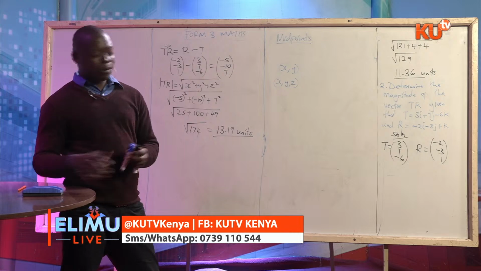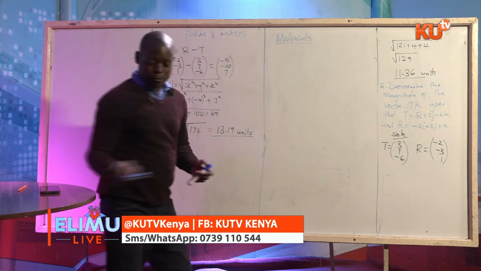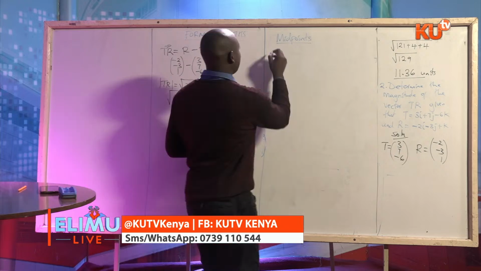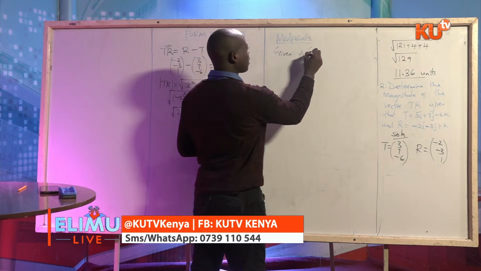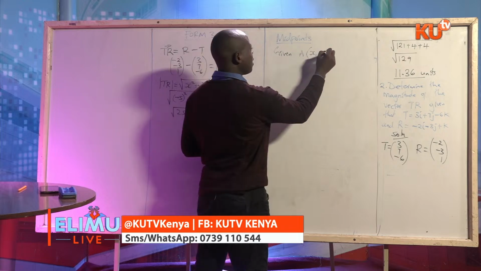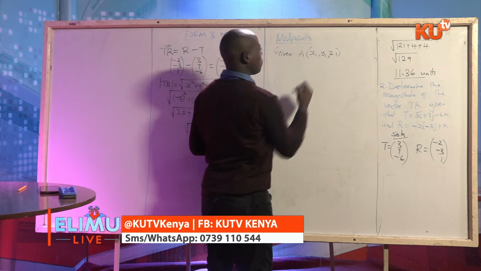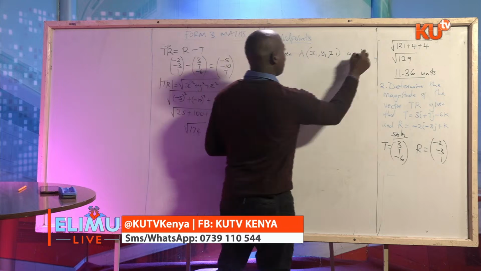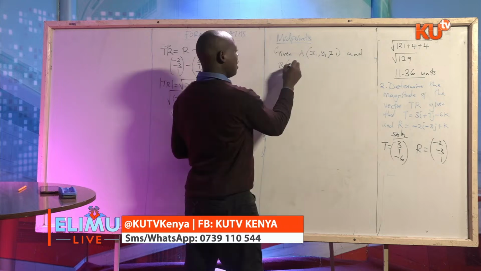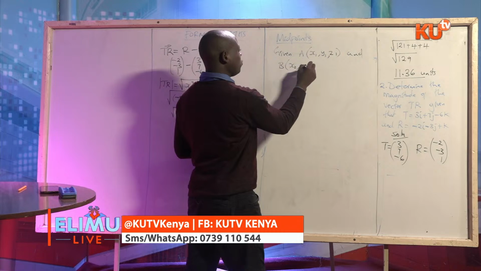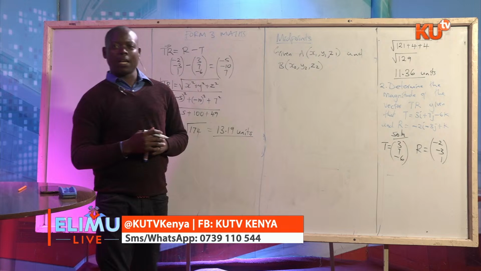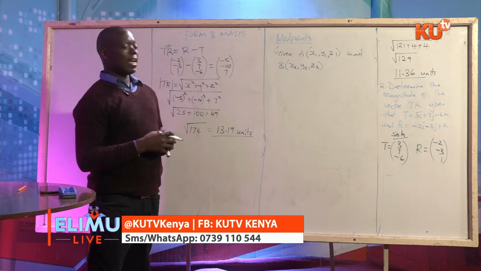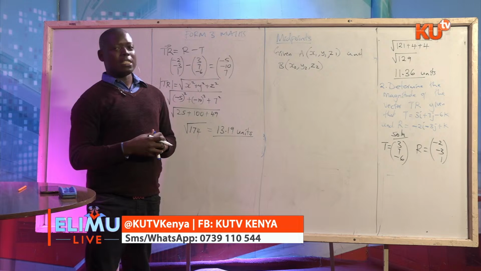Let's look at this case. If we've been given a point A with x1, y1, and z1, and another point B, x2, y2, and z2. These are 2 points. They are representing x, y, z for each of the points.